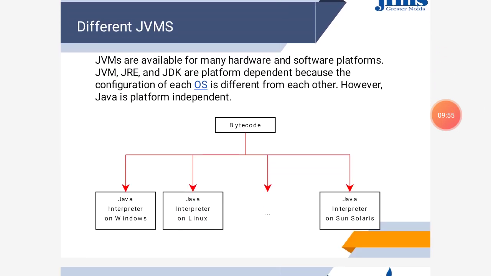Different JVMs. So as we know, Java is an object-oriented programming language, and platform-independent language. But 100% platform independence is not possible because Java source code is okay, and once you compile this code, it becomes bytecode, and bytecode is platform independent. This bytecode you can run in any machine, whether that is Solaris or Windows based or Unix Linux based.